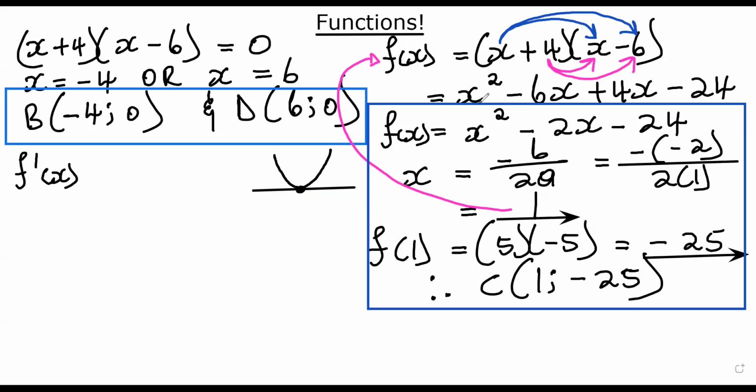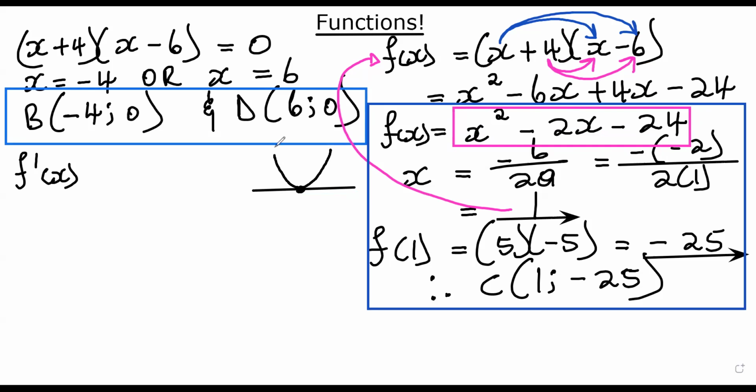So you're going to differentiate your function. And this is the function you must differentiate, the one that is expanded. Remember that according to the rules of differentiation, you cannot differentiate if you have brackets. You need to destroy the brackets first, which is what we did, right?